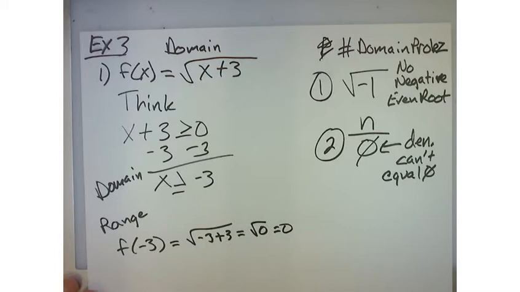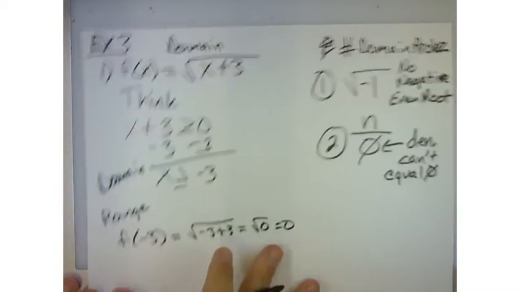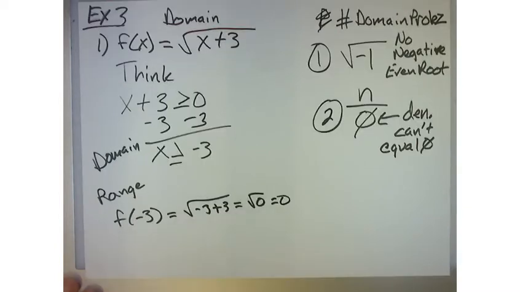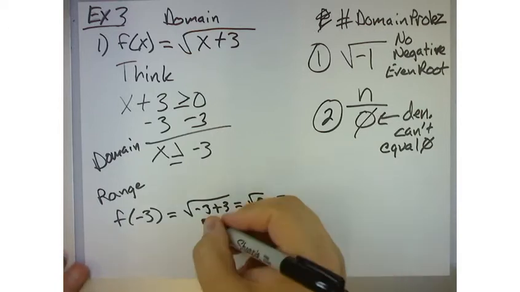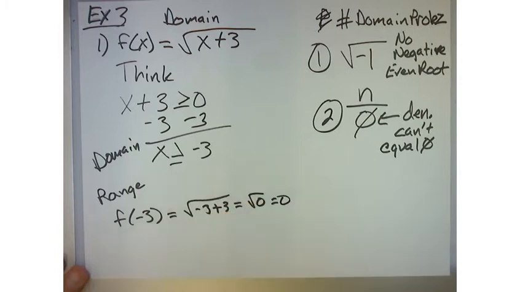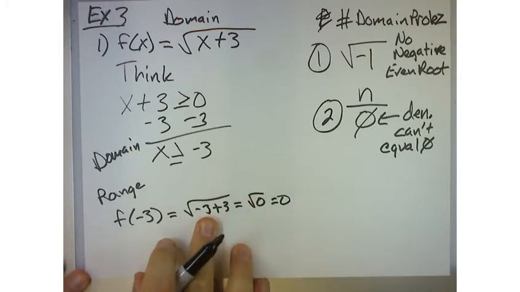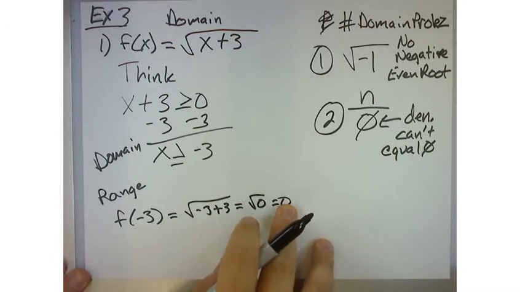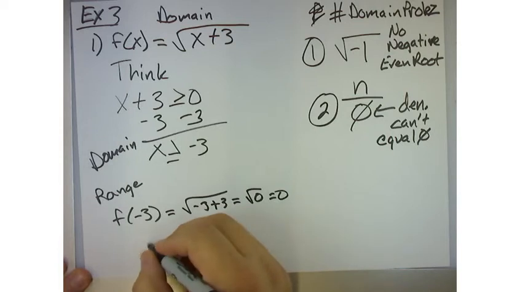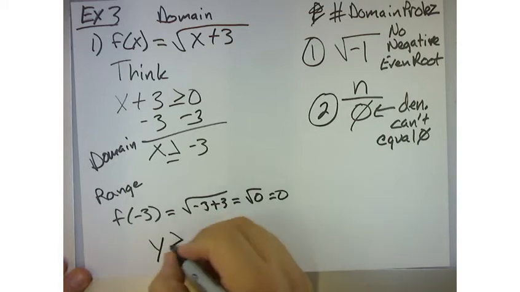I mean, we're going to graph this in about 2 seconds and look at it and see what the range is. But if I plug in a number bigger than negative 3, if I plug in 10 million for x, I get the square root of 10 million and 3, which is a positive number. So every number is going to be greater than or equal to 0. In other words, y is greater than or equal to 0.